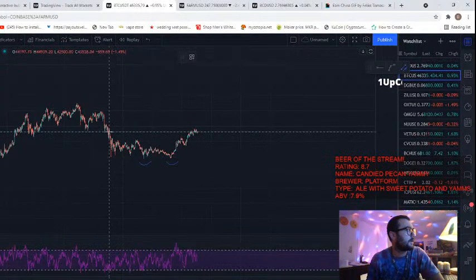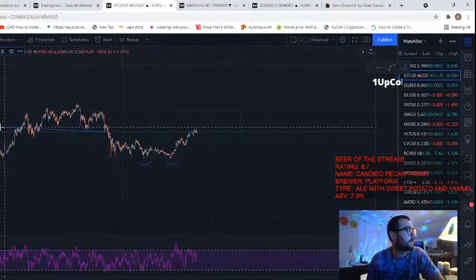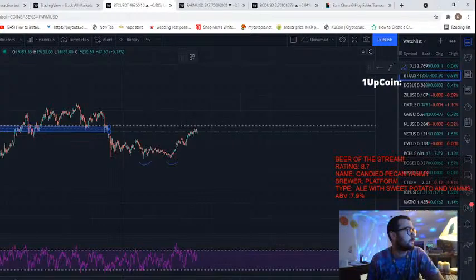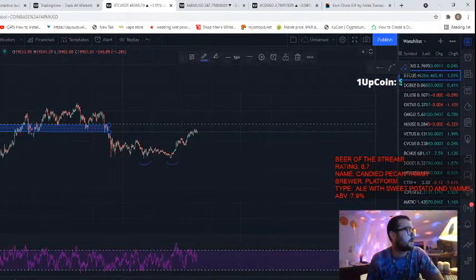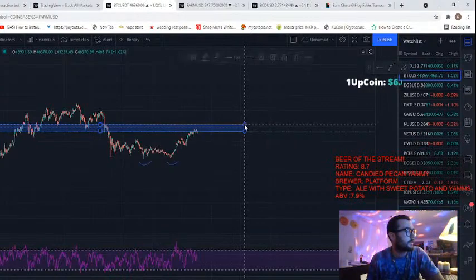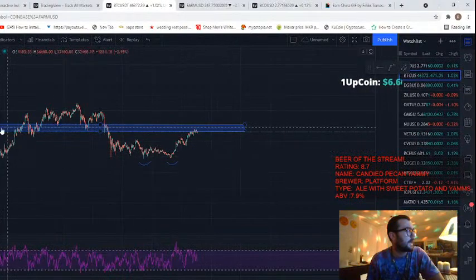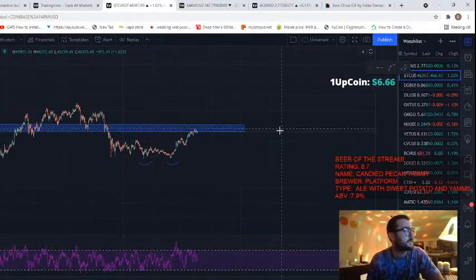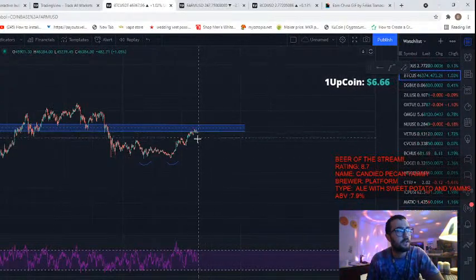Like I said, it's kind of range bound. We hopped up into this range, but we didn't stay up in it for too long.